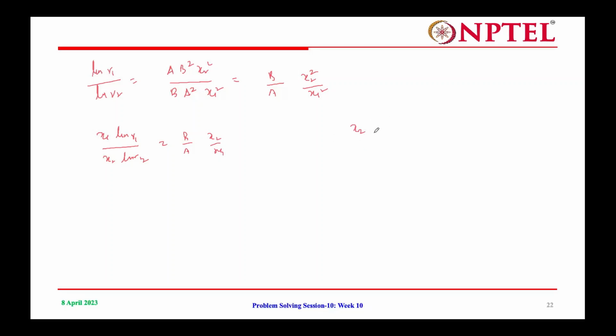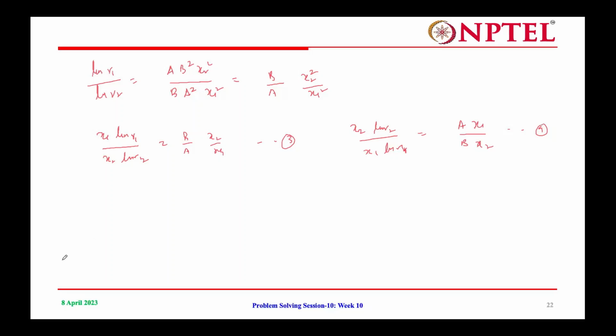And the square root of x2 ln gamma 2 by x1 ln gamma 1 equals A x1 by B x2, right? These are equations 3 and 4.